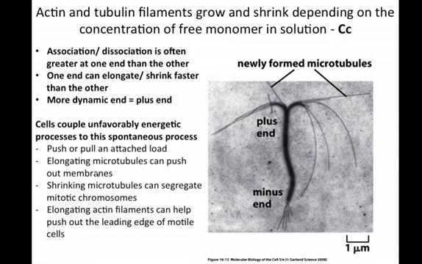Did I see a hand going up? Elongating actin filaments can help push out the leading edge of a motile cell. Yes? This is just a mechanical question. Is there some kind of binding when the actin filaments hit the membrane?